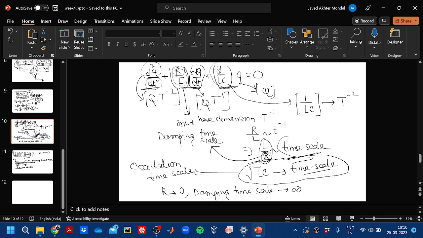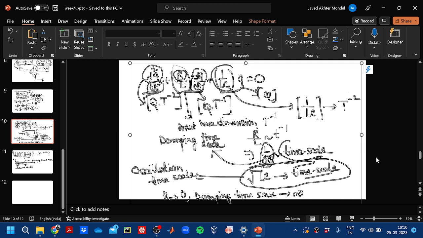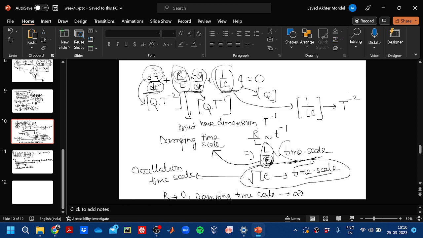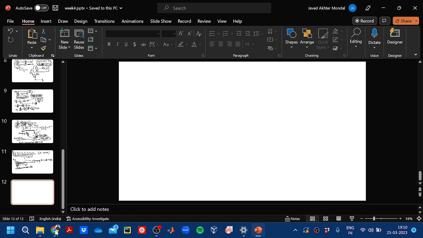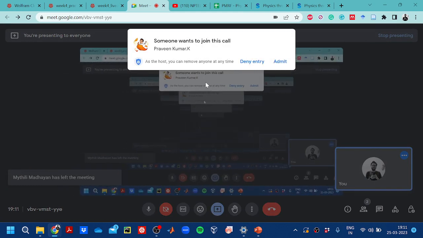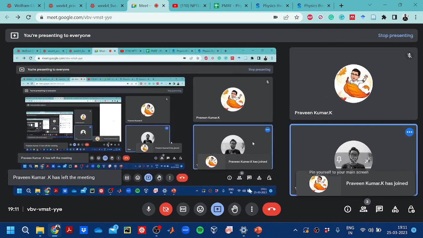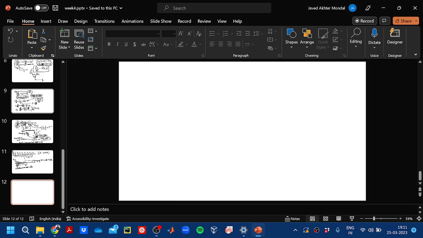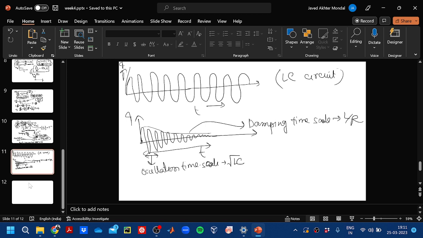Like here, this root LC corresponds to the oscillation time scale, and this L by R corresponds to our damping time scale. So this is how we can tell about the time scales of the system.